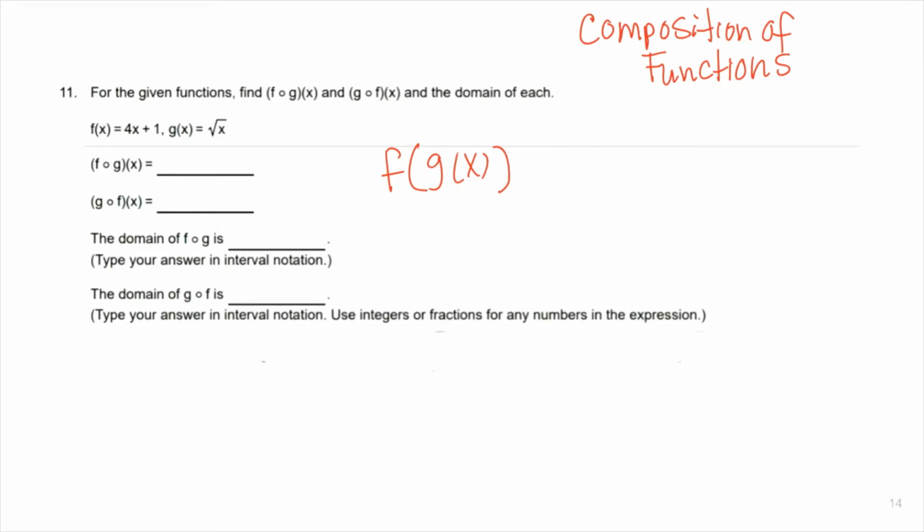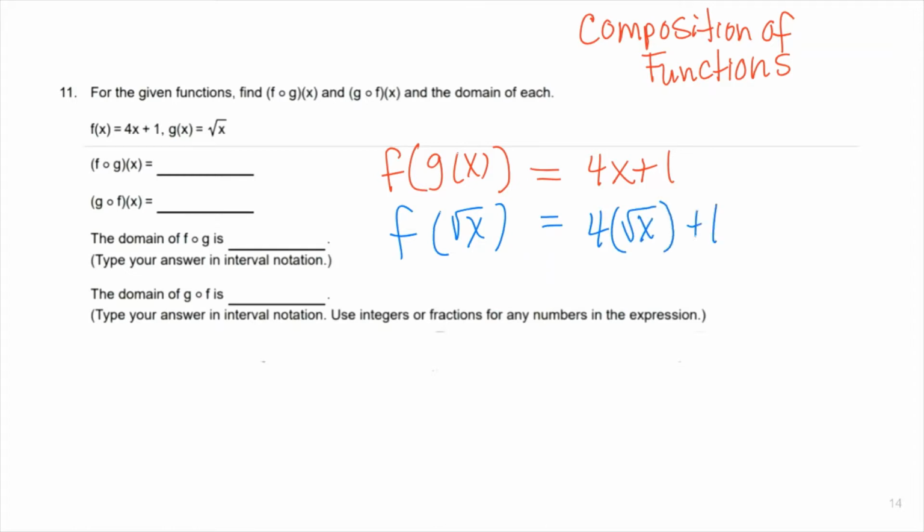So f is 4x plus 1. I'm replacing x with radical x. So I get 4 times radical x plus 1 for f composed of g of x.